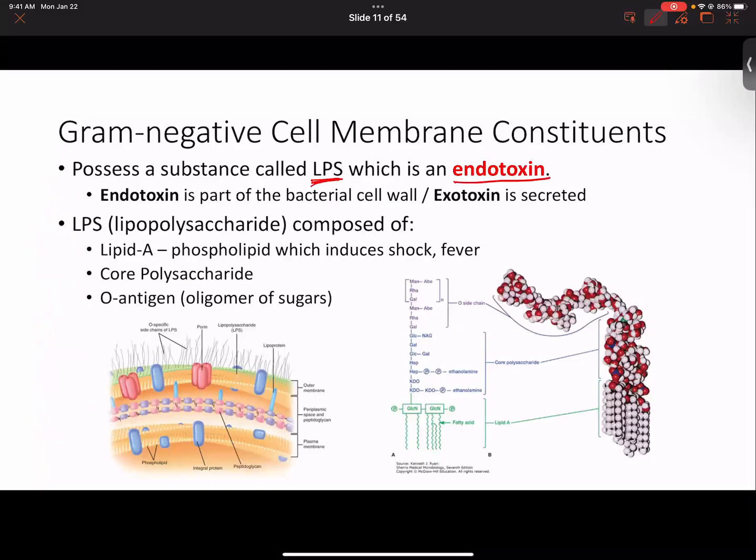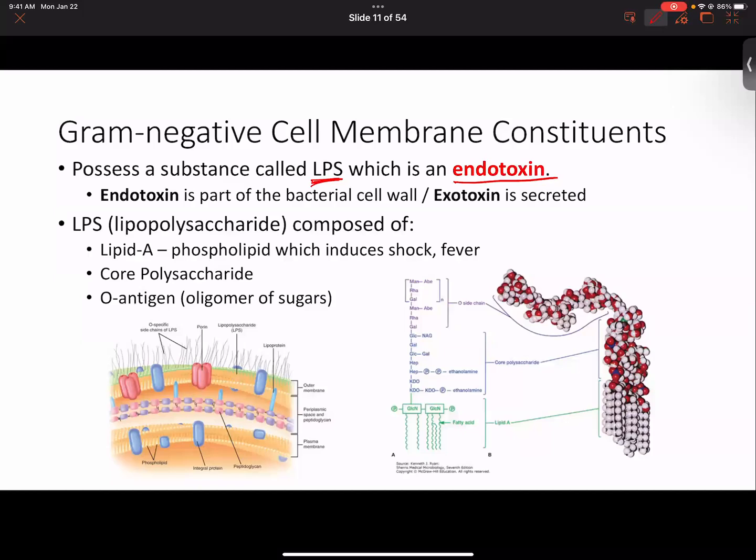Okay, so LPS is essentially what we refer to as an endotoxin. Gram-negative organisms have that outer membrane, and that outer membrane has embedded in it lipopolysaccharides. And those lipopolysaccharides stay in place. However, when that gram-negative organism dies, secondary to the immune system or secondary to antibiotic presence, that LPS gets shed, it gets released into the system, into the patient.